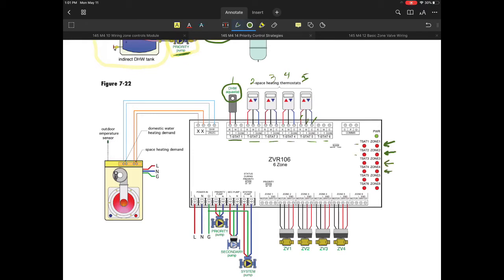So we will know whether it's zone 2, 3, 4, or 5, or 1. If any one of these has a demand, we're going to see it by the LED lights on the right side of the panel. And it'll identify whether the T-stat has a demand and if the zone valve has actually completed the circuit.